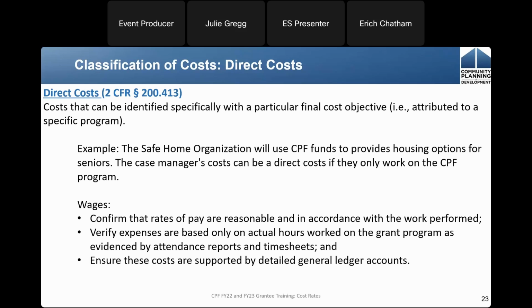So again, verifying those expenses are based on actual hours worked on the CPF grant program, and that needs to be evidenced by attendance reports or timesheets, and you must then ensure that those costs are supported by detailed general ledger and payroll accounts. So again, direct cost here for staff wages, you're confirming with timesheets and payroll reports to confirm effectively the hourly rate that can be billed to the CPF grant. Next slide, please.